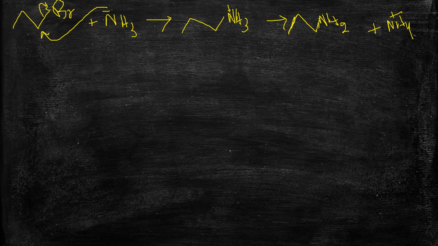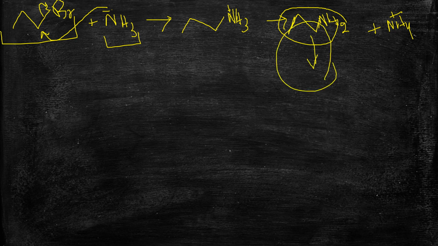So here we can say one bromopropane on reaction with ammonia gives us the end product, which is propanamine, and also ammonium bromide. This is the salt that's formed, right? Let's revise all of the concepts.